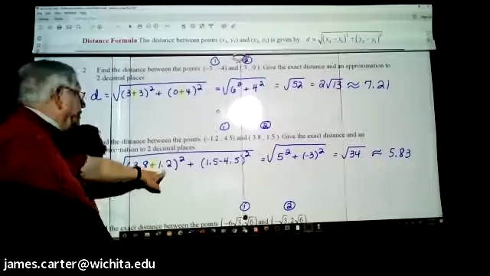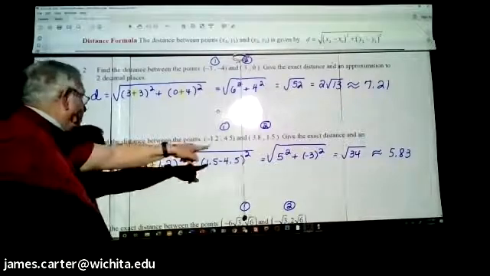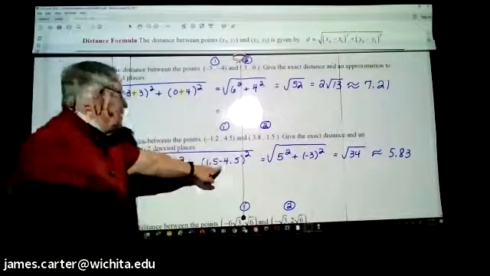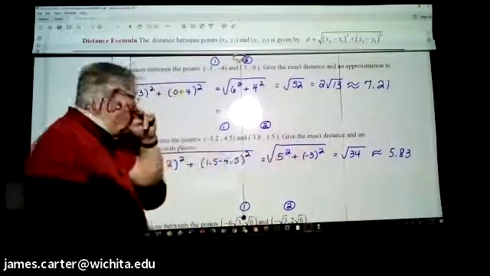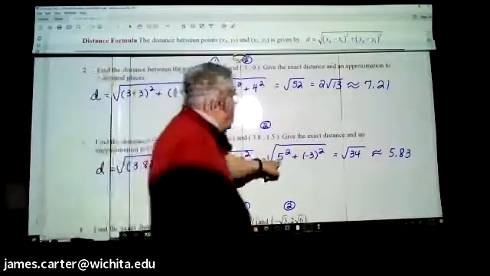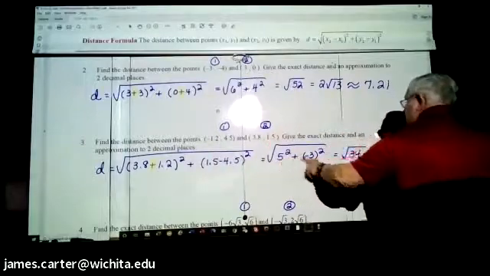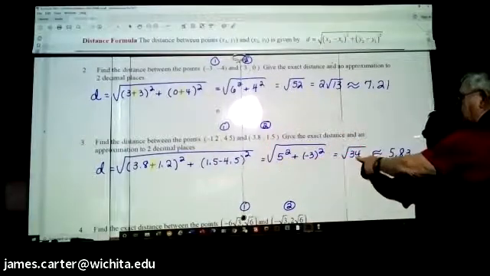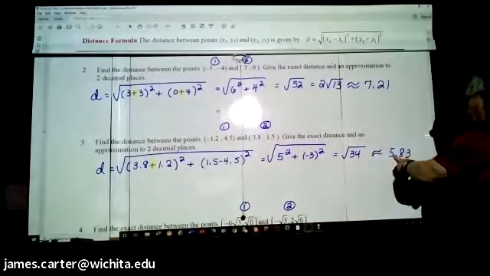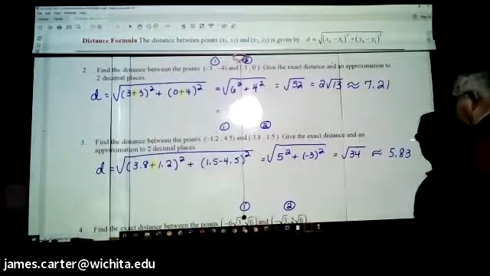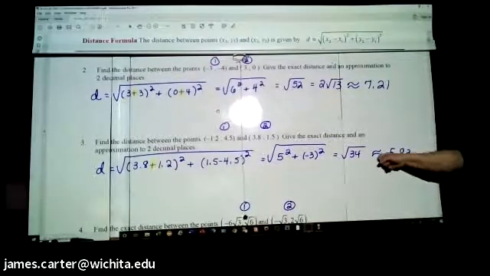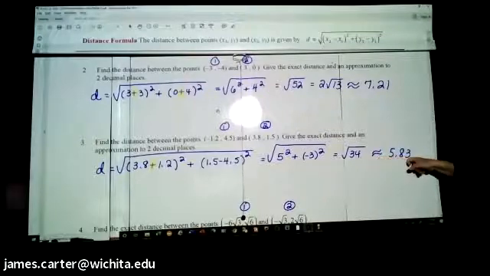We add these two, which gives us 5. Add these two, which gives us -3. We square each of these. 25 plus 9 gives us 34. And then we want to change that to a decimal. Because this is a rounded-off value, we have to use the approximately symbol.